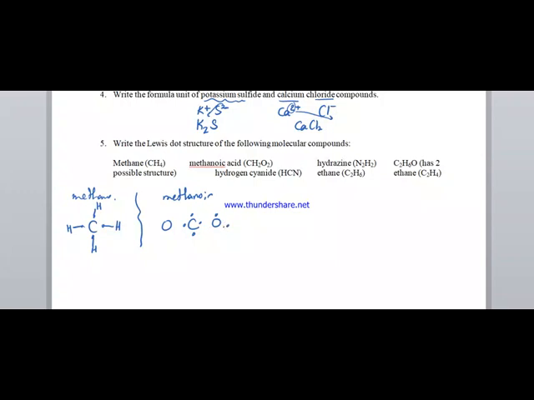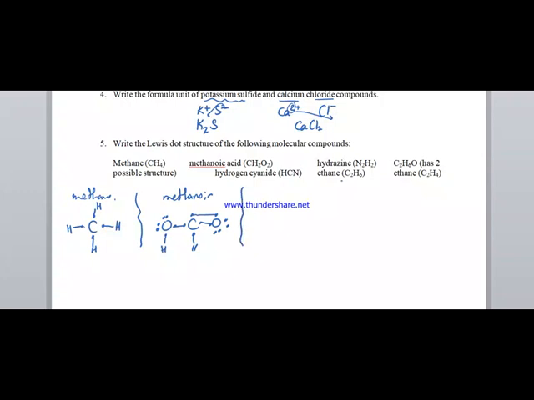This is the oxygen with 6 valence electrons. Here the oxygen is sharing electrons. This is the Lewis dot symbol of oxygen. We have 2 hydrogen. This electron is bonded to hydrogen and this electron is bonded to hydrogen. So we have a single and a double covalent bond in methanoic acid.